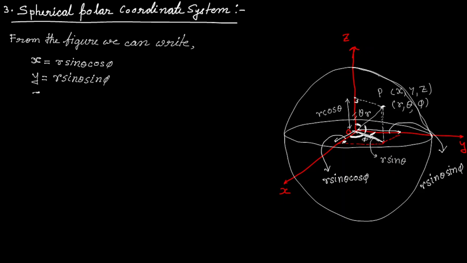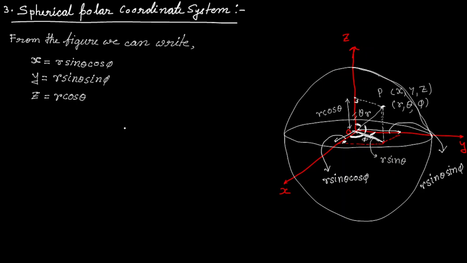And what is z? What is the projection of R on the z-axis? That is z. So in this case it will be R cos theta.